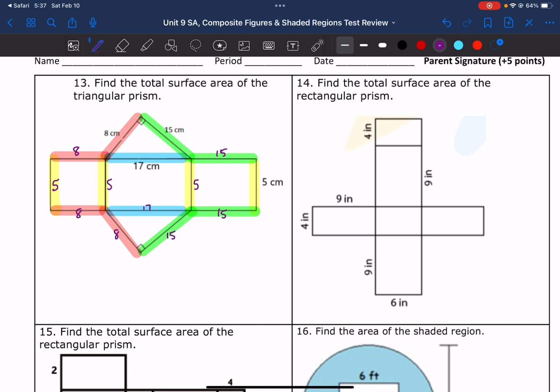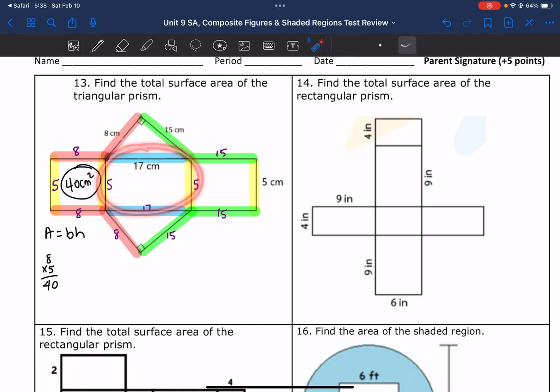Okay, now let's go back and let's first deal with the rectangles. Remember, the formula for finding a rectangle is base times height. So if we're looking at the first one, that is going to be 8 times 5. And I know that 8 times 5 is 40. So this one is going to be 40 centimeters squared. Okay. All right. Now let's take a look at the middle one.